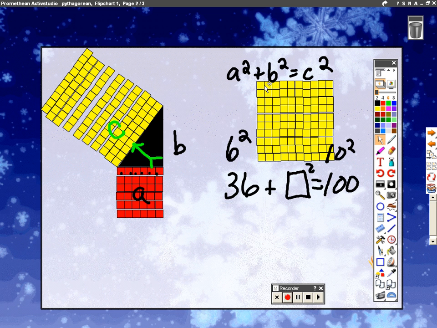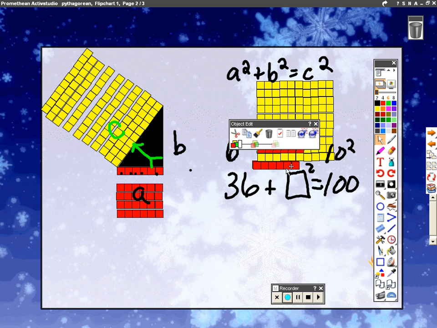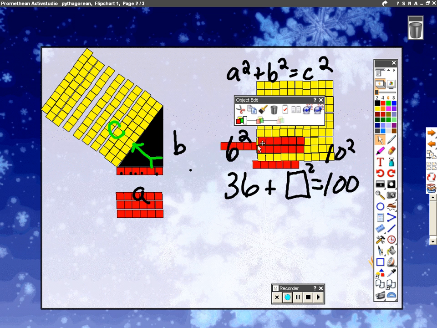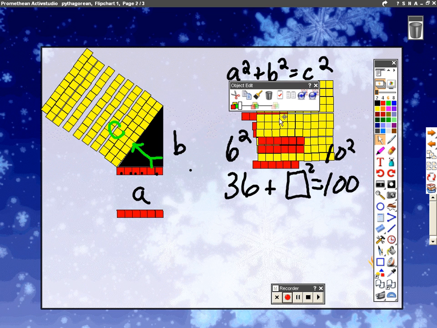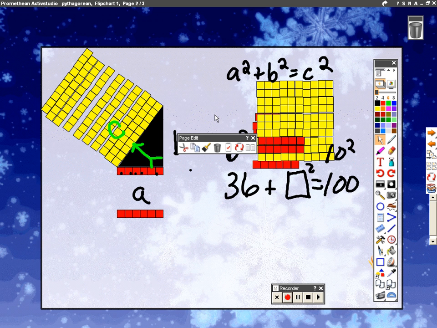Now when I bring over the red ones that I've used, I have 6 of these, 1, 2, 3, oh, we did not want to layer on top. Okay, 3, 4, 5, 6. When I layered them on top, I used up 36 spaces.